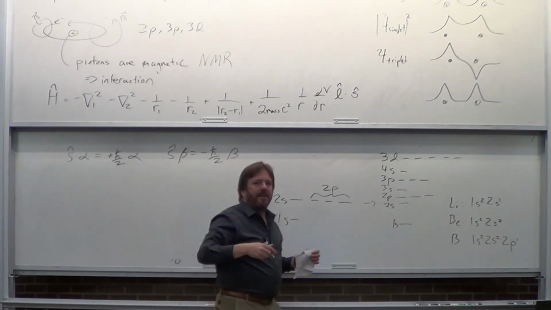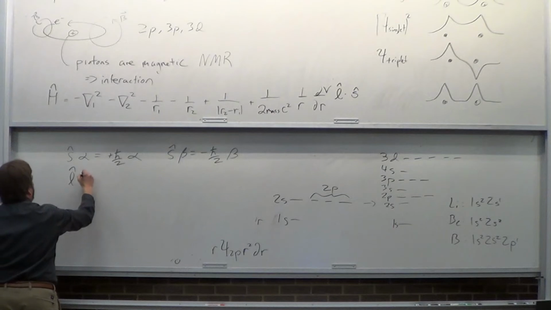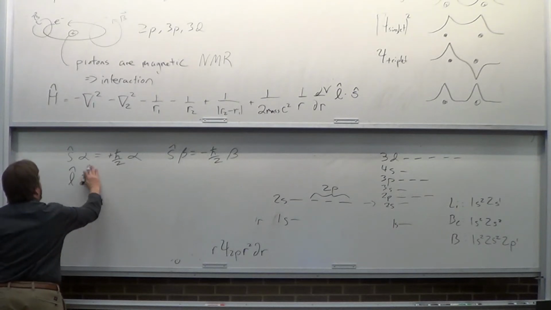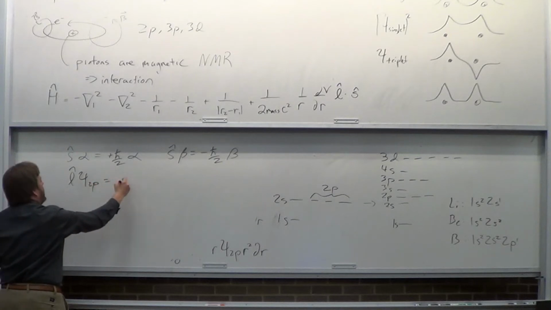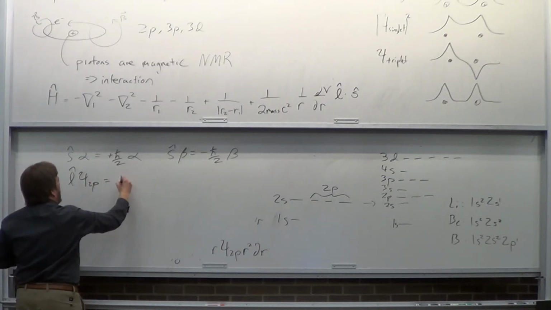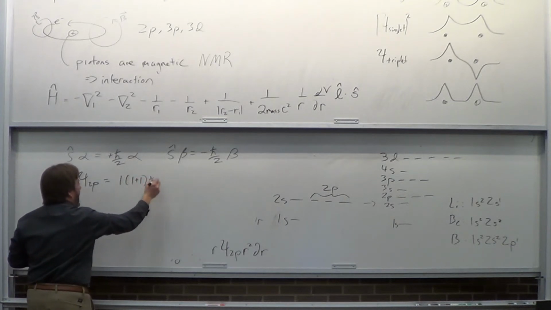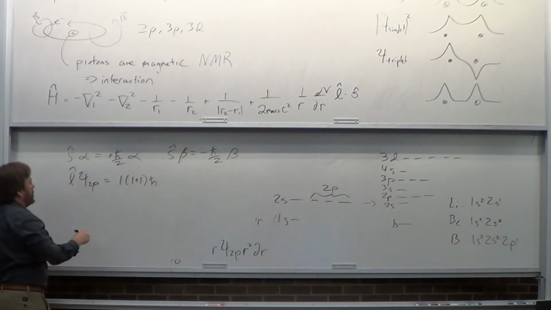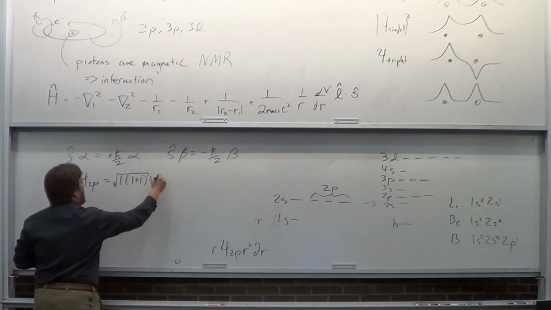Okay, so that's easy. If you ask what's the angular momentum of a 2p state, sorry, let me write it more professionally. Of course you get L times L plus 1 h bar squared, right? That's L squared.